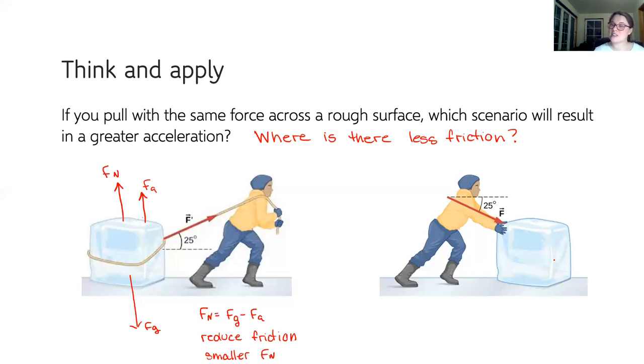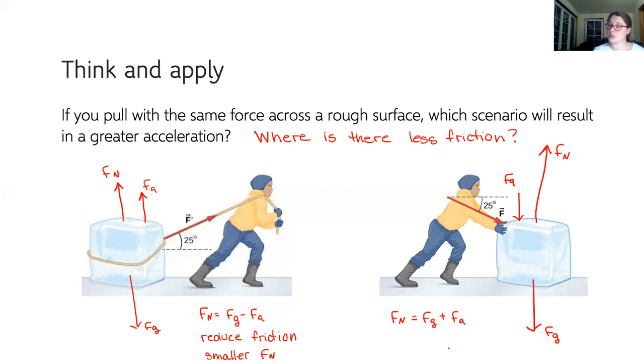Let's look at this scenario. In this scenario, I'm pushing down. So some of my applied force is downward. Gravity equal to the weight of the object is also pushing down. The normal force up has to be much larger. The normal force has to support the force of gravity plus my downward push.